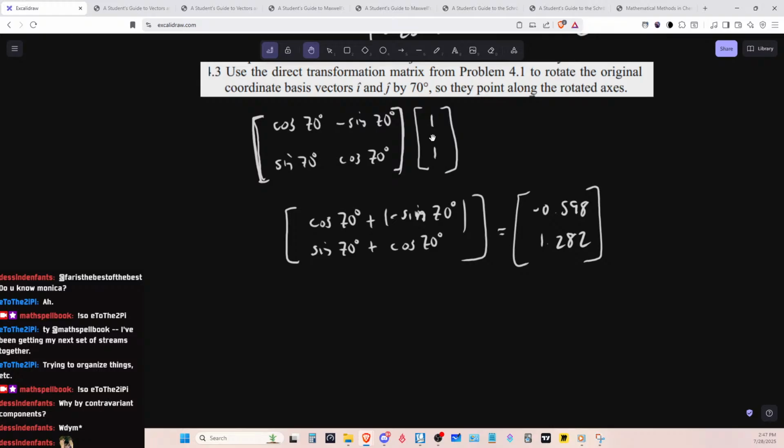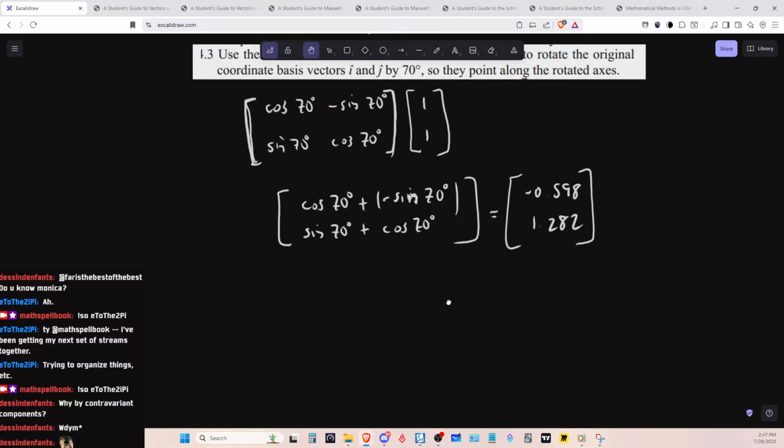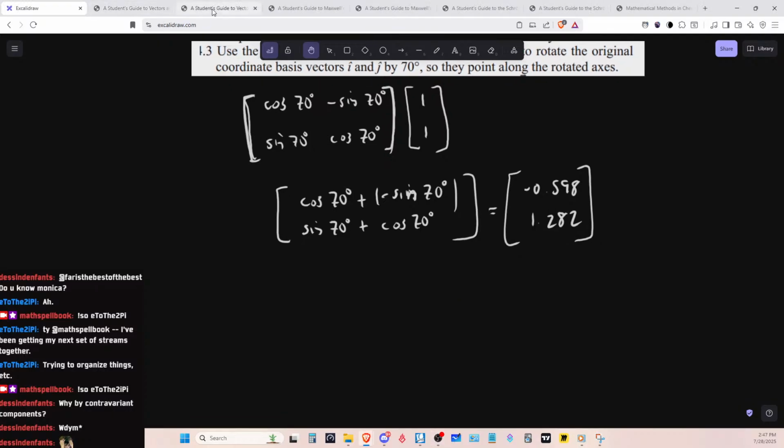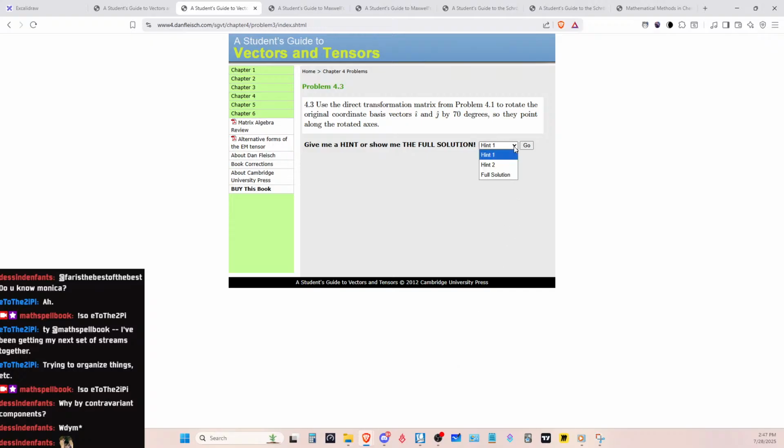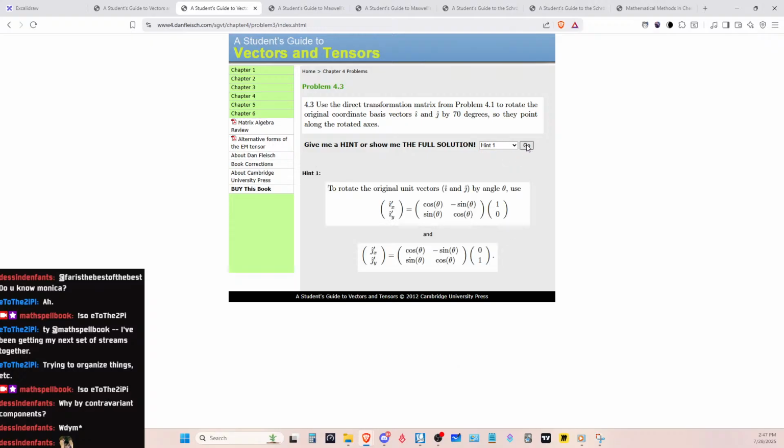Let me check out the hints, because maybe... Oh, okay. They wanted us to do it this way.